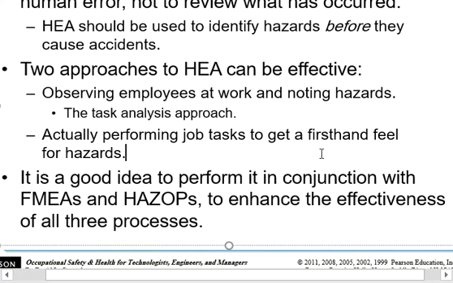And then also, I can monitor my worker while he is implementing the process and doing his job and see if there is any hazard. And by that, I can reduce the risk and have a better understanding of the hazards in the company.